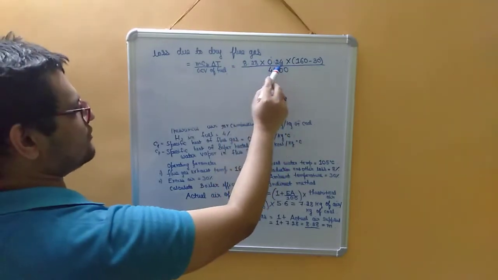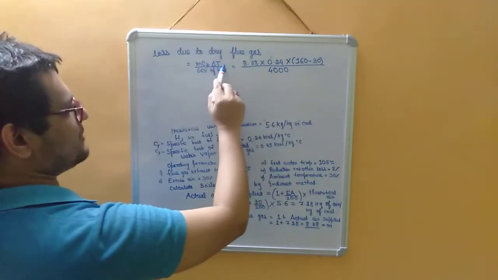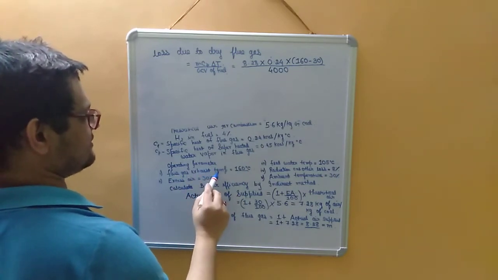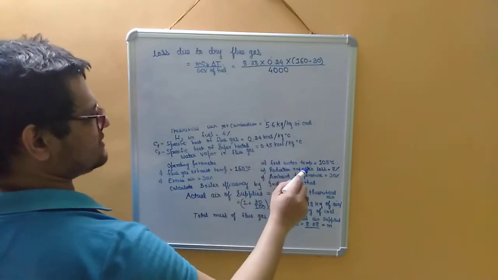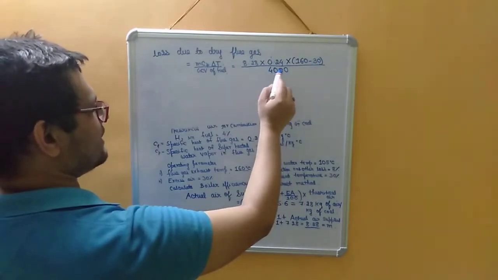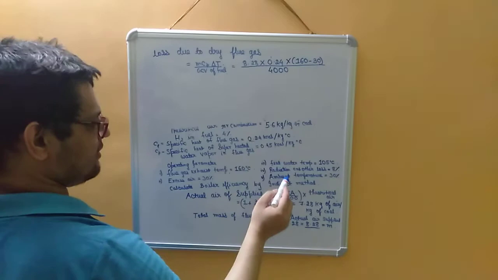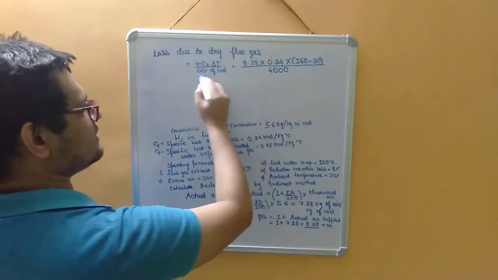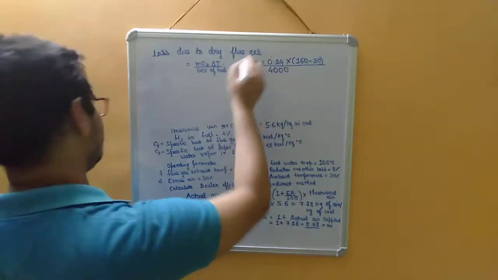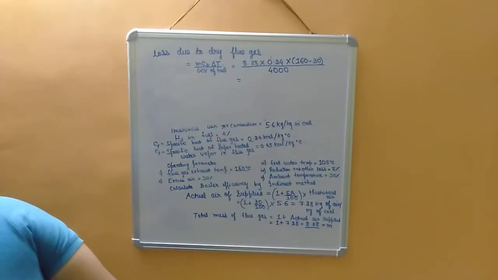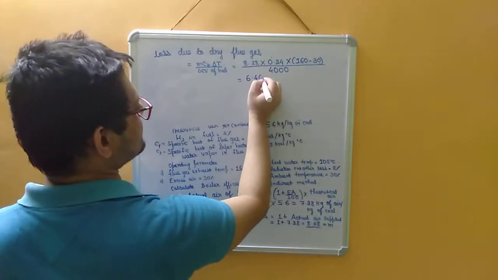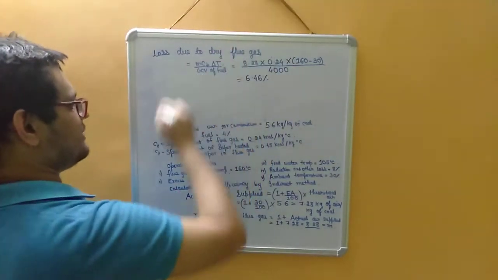We put 0.24 into the change in temperature, that is the exhaust flue gas temperature minus the inlet temperature, so 160 minus 30, divided by the gross calorific value of fuel, given earlier as 4000 kilocalorie per kg. Once we calculate, we get the direct value, that is 6.46%.